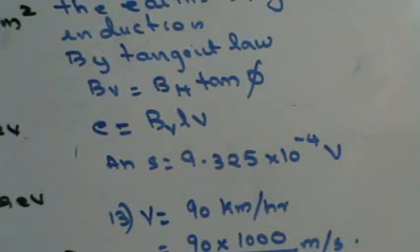If the RMS value of an alternating voltage is 230 volts, find its peak value.